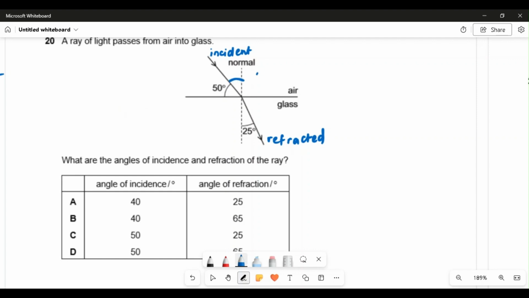So incident angle I can be found because this total is 90 degrees with the boundary normal is making. So you can say 90 degrees minus 50. So incident angle is 40 degrees. Whereas refracted angle from the refracted ray to the normal is 25 degrees. So 40 degrees, yes, incident, but refracted is 25. So option A.